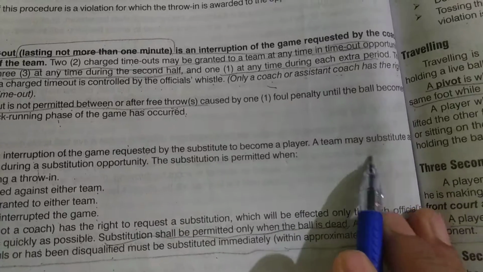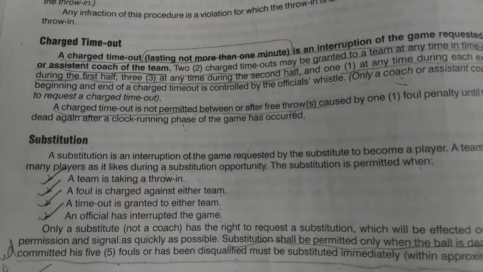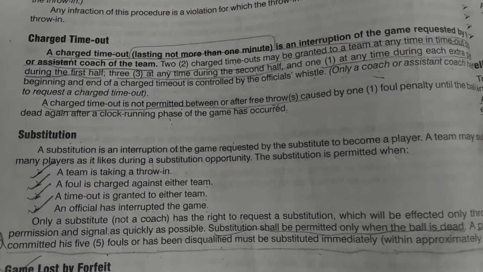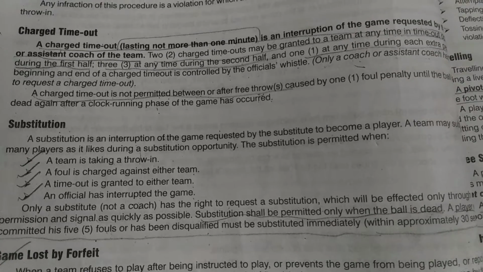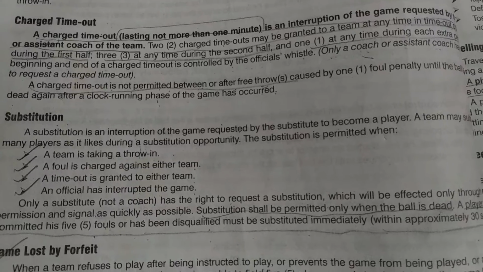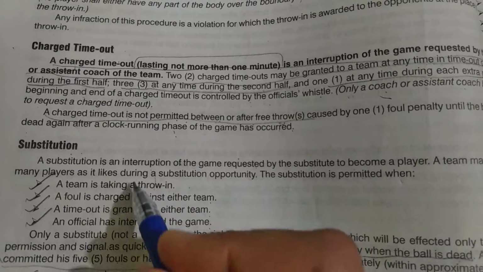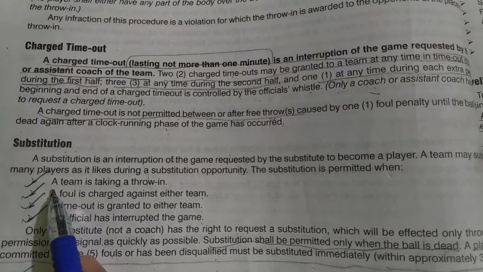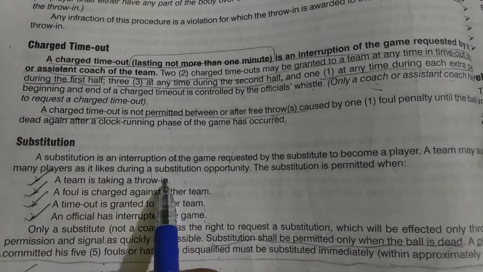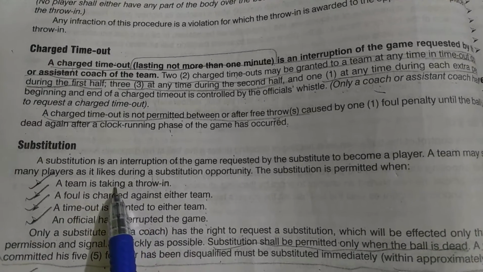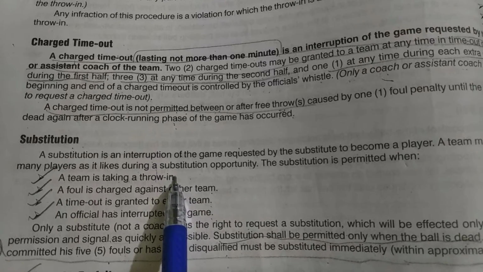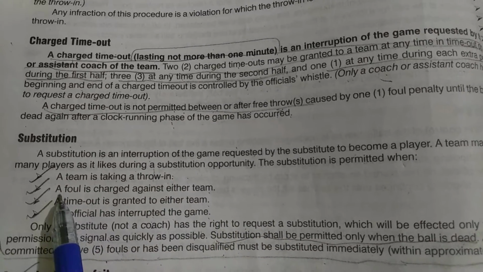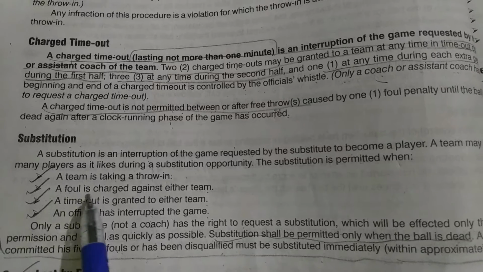A team may substitute as many players as it likes during a substitution opportunity. Substitution is permitted in these conditions. First, a team is taking a throw-in. When there is a throw-in, then you can change the player. It means substitute the player.